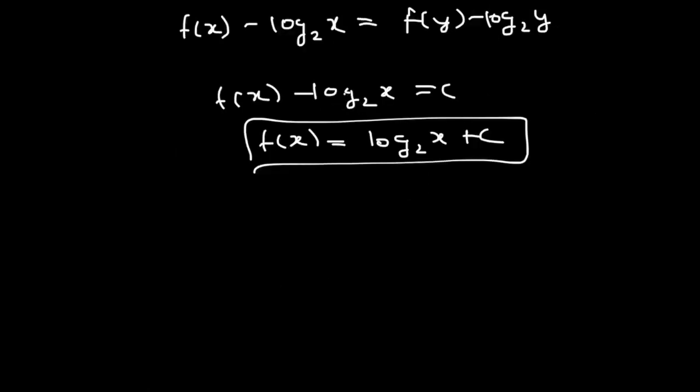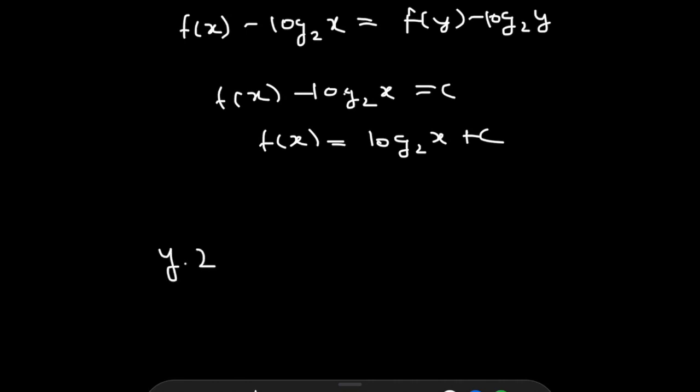And now what we can do is check the solution. So since we have f of x equals log base 2 of x plus c, then y times 2 to the power of f of x becomes y times 2 to the power of log base 2 of x plus c. It becomes xy times 2 to the power of c.